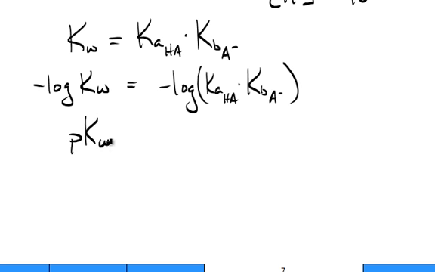So that would mean that the pKb is 14 minus the pKa at standard temperature, and the pKb would be 11. And that means the Kb would be 10 to the minus pKb, or 1 times 10 to the minus 11, which is incredibly small.